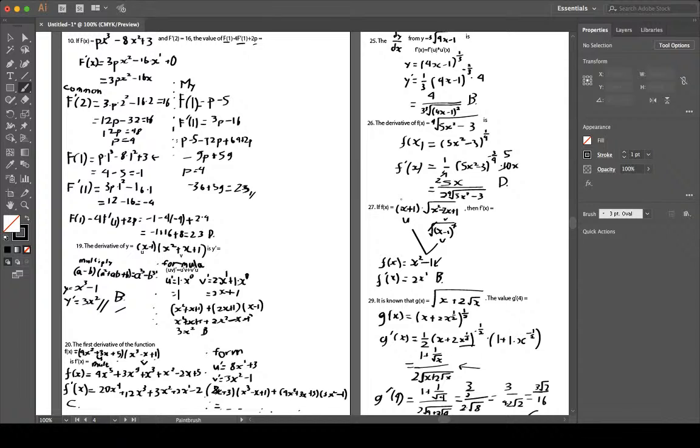But in this question, it was not asked about the quotient rule, which is a bit of a variation from the multiplication rule. But I won't do that for you because it would be crazy.